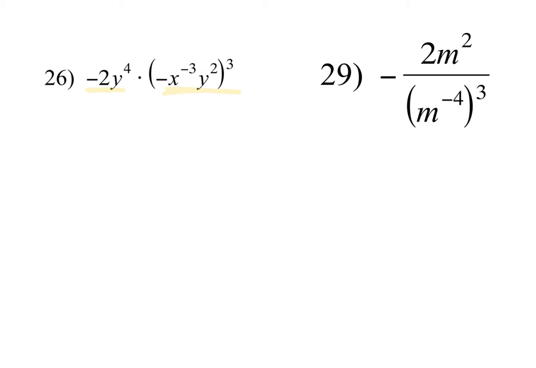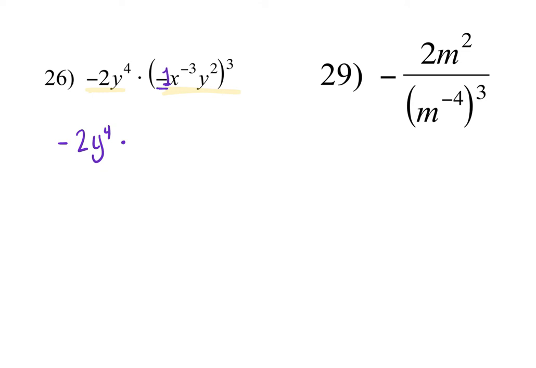And then I'm going to combine my like bases, all right? One thing I will say is I'm going to write this as negative 1 in front of that x. So I'm going to leave the negative 2y to the fourth alone. And then I'm going to take each thing in this group to that third power.